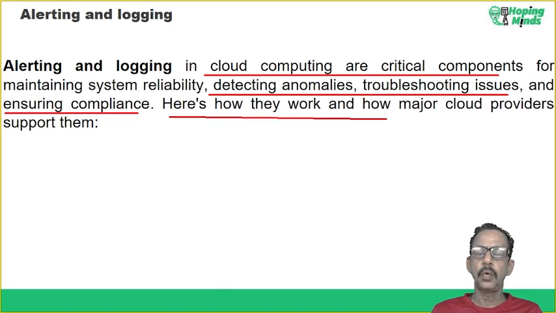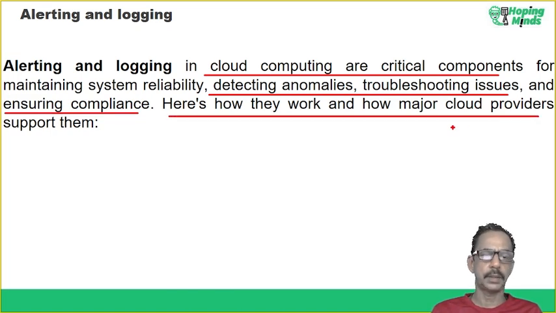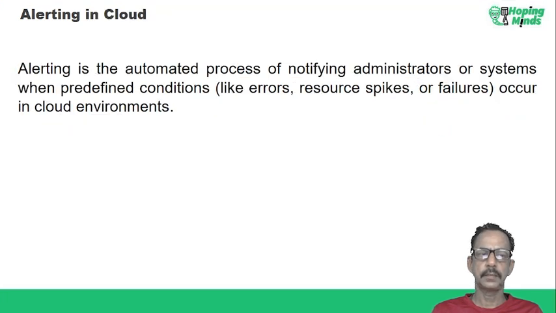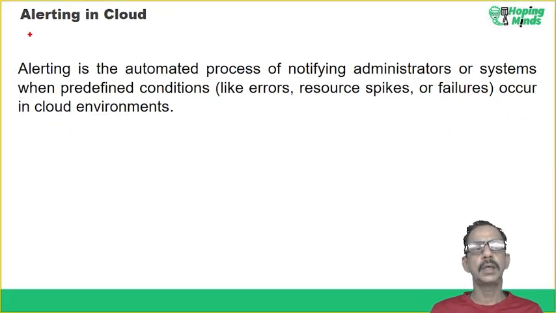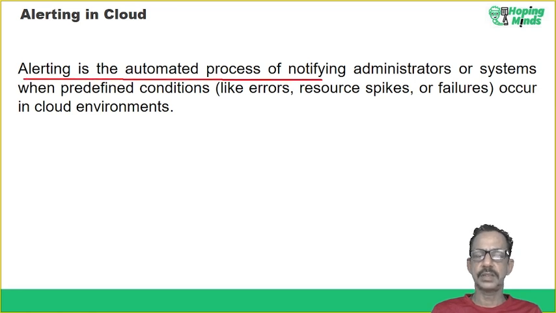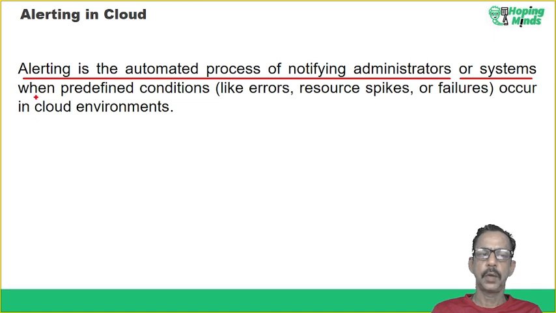So here's how they work, and how major cloud providers support them. Let's see one by one. First we discuss alerting. Alerting is the automated process of notifying the administrator or system when predefined conditions occur, that can be any error, resource spikes, and failures.